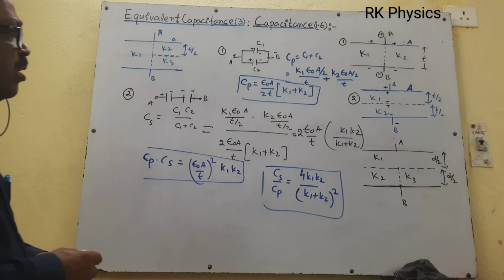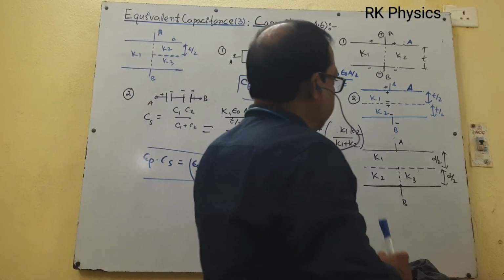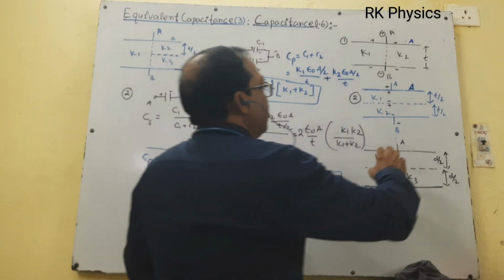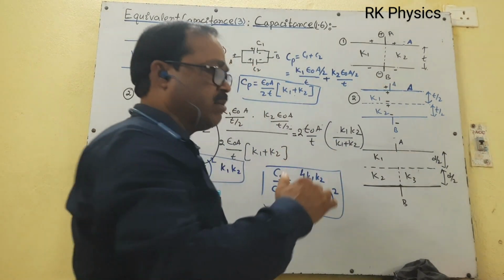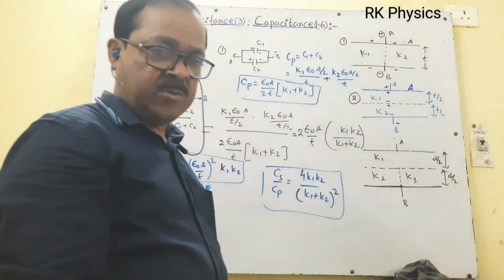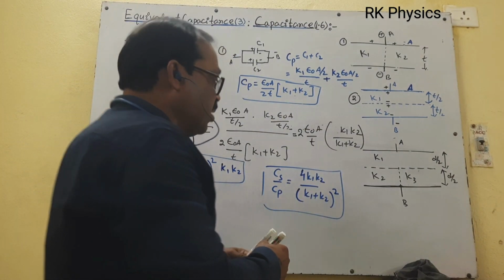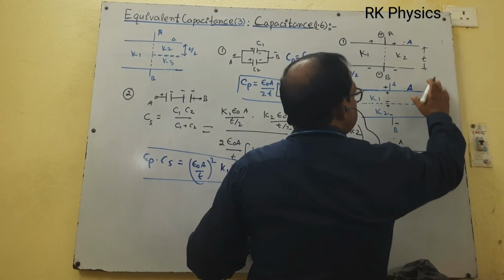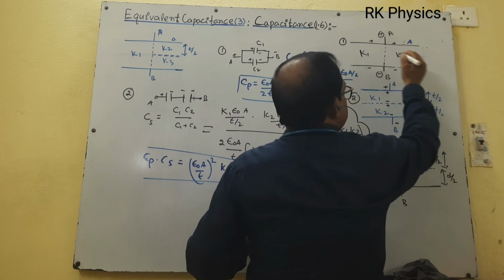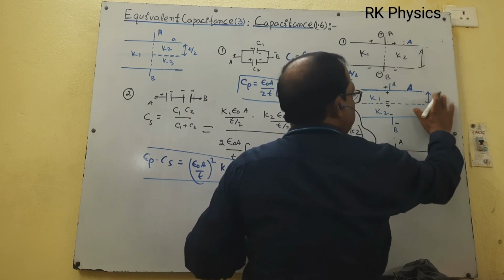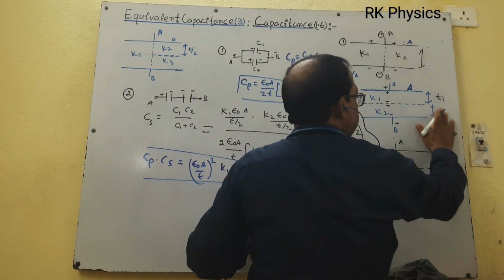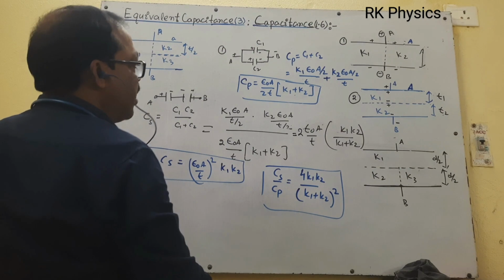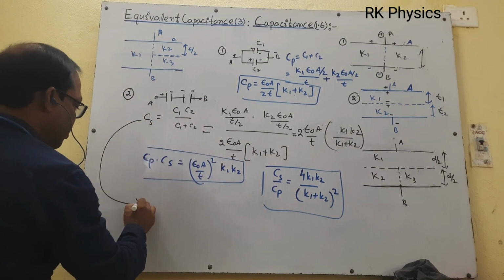Another thing: you think this is theory, written in every book and every entrance guide. Why is the dielectric divided exactly into two equal halves, why not in different conditions? Suppose in this example, this is T1 and this is T2, and T1 plus T2 equals T. Now in this case you can write what Cs is.